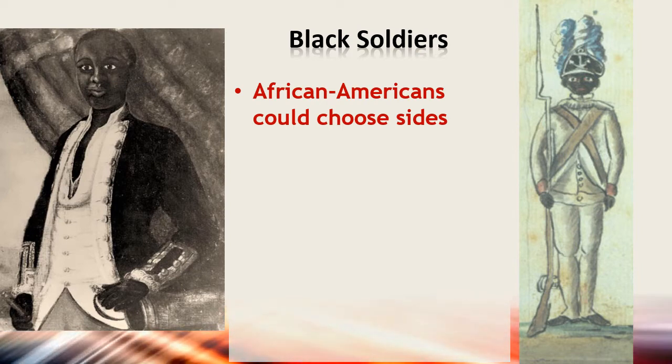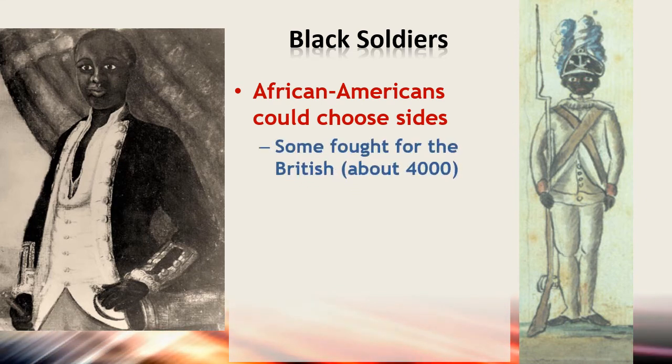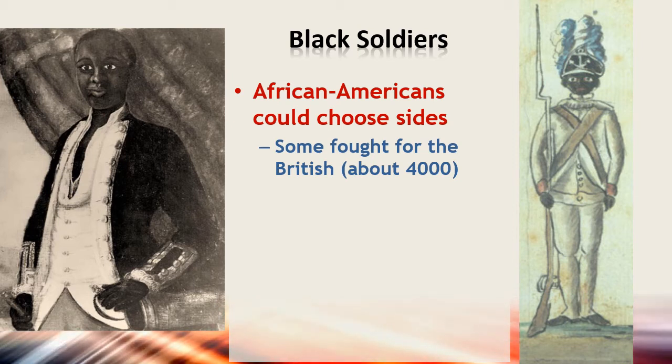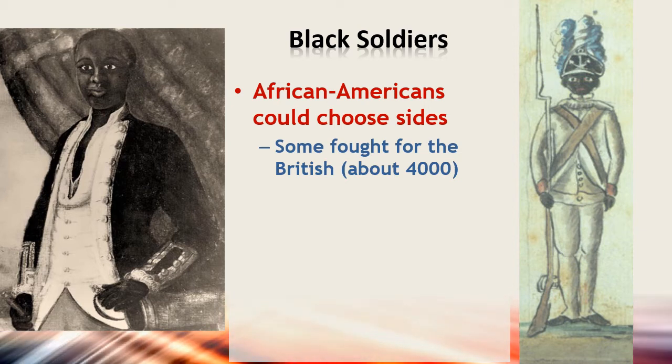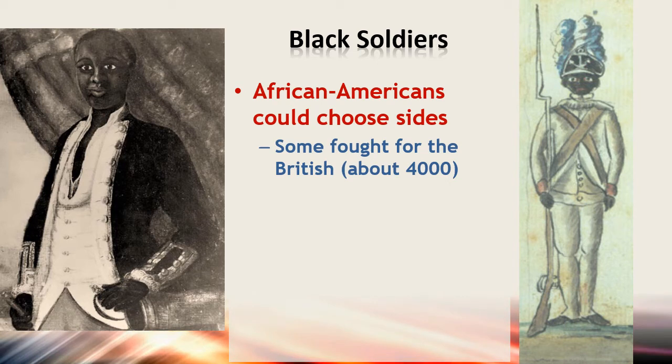And that choice meant that some of them did willingly decide to go with the British. About 4,000 African Americans chose loyalism. Many of them were promised freedom by the British, and the British didn't always come through with holding up on that promise in the way that they should have. And quite a few of those African Americans would leave with the British at the end of the war.